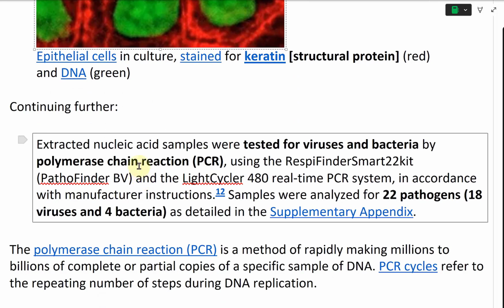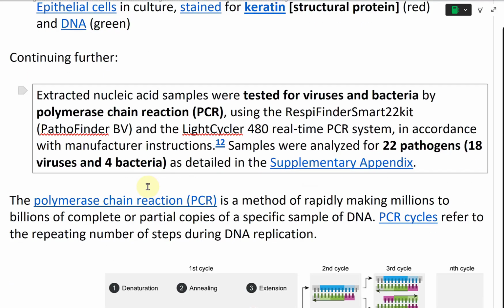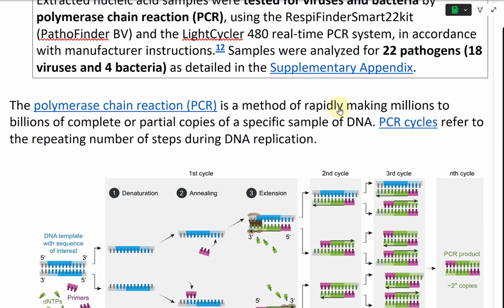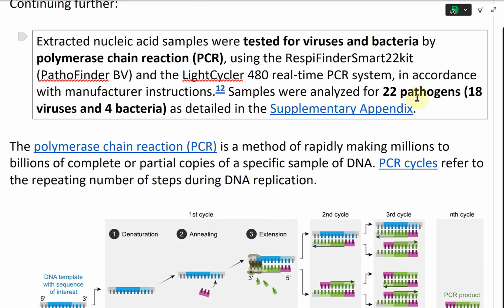So continuing further, extracted nucleic acid samples were tested for viruses and bacteria by polymerase chain reaction, or PCR, using the RespiFinder Smart 22 kit or Pathfinder BV and the LightCycler 480 real-time PCR system in accordance with manufacturer instructions, and samples were analyzed for 22 pathogens, 18 viruses and 4 bacteria, as detailed in the supplementary appendix.